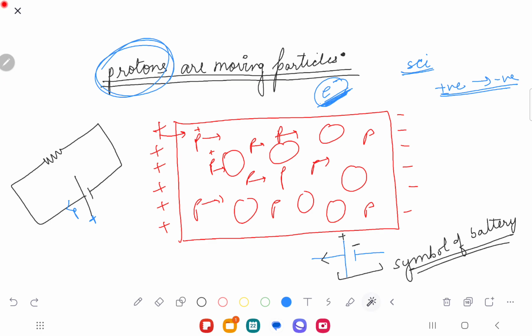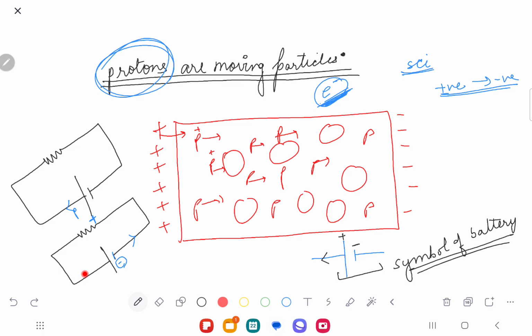So the scientists or the book authors assume the proton to be moving in the wire, but in reality, the current should flow from the negative terminal to the positive. Are you understanding? I hope you're understanding.